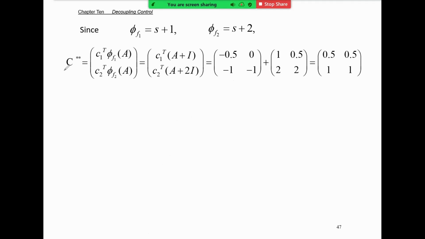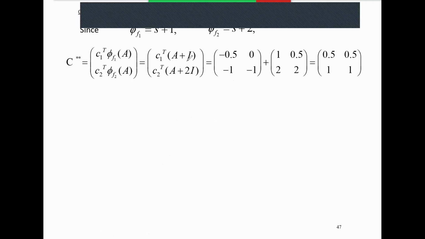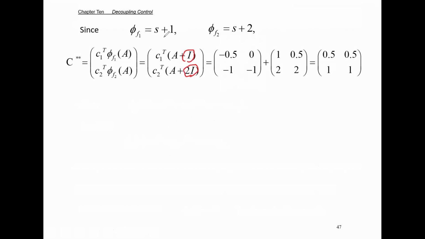Previously it was just s, so we didn't have this. But here, because I have s plus 1 and s plus 2, that will change things. Because it's s plus 1, that will correspond to C1, A plus the identity matrix. s plus 2 will correspond to A plus 2 times the identity matrix.